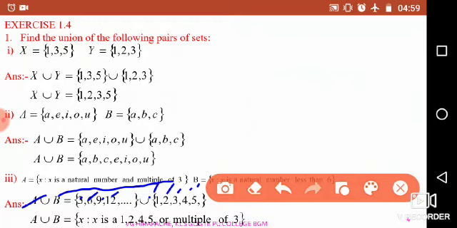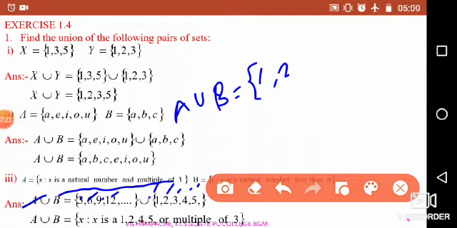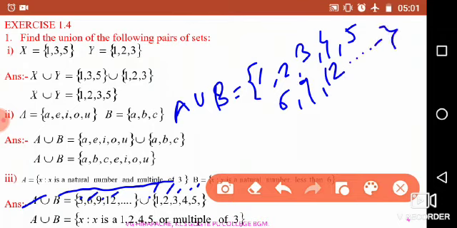Therefore A union B is equal to 1, 2, 3, 4, 5, then 6, then 9, 12 and infinitely many elements are there because the set A is an infinite set. Therefore we have the infinite number of elements which are multiples of 3. Therefore the members of the union of these two sets are 1, 2, 3, 4, 5, 6, 9, 12 and so on.